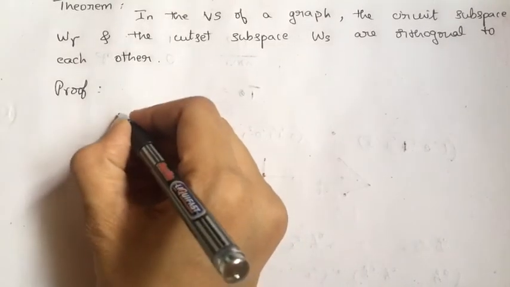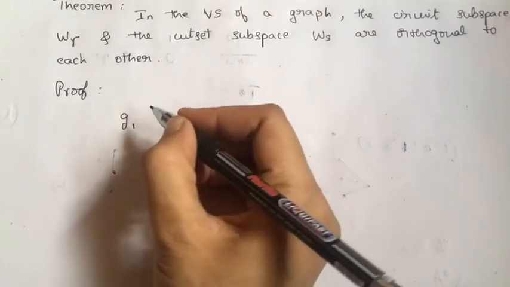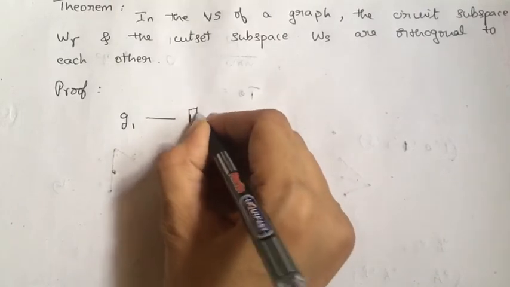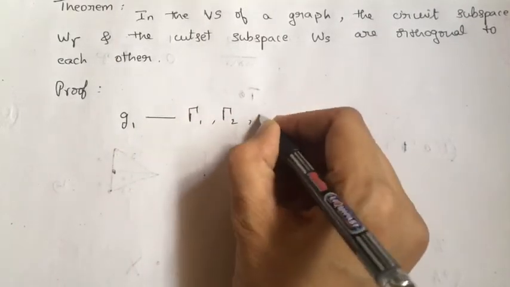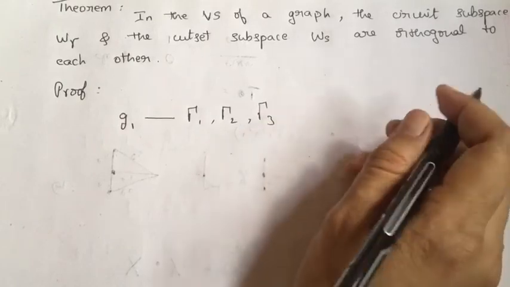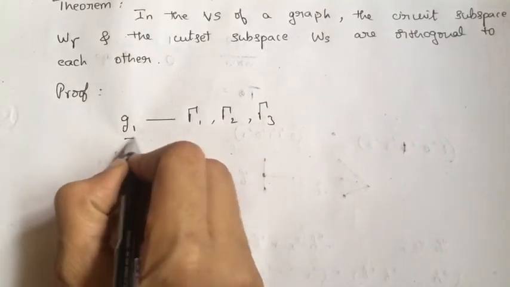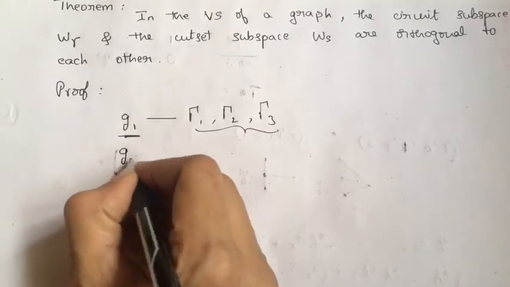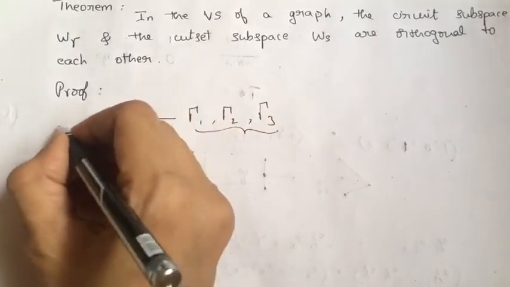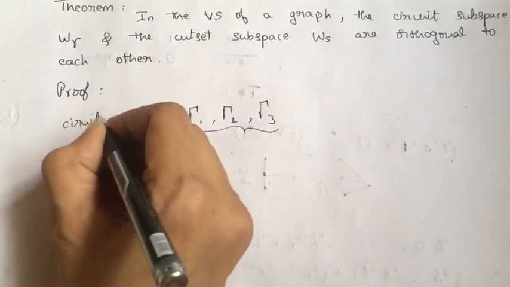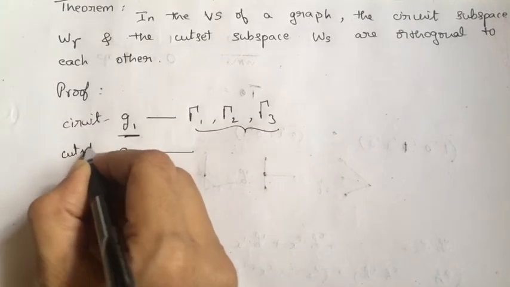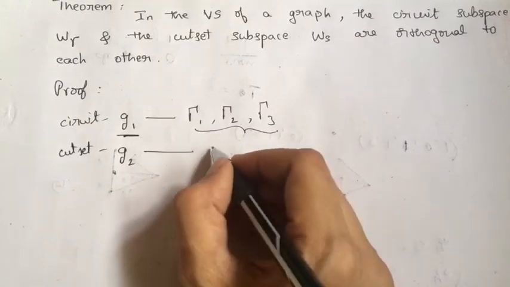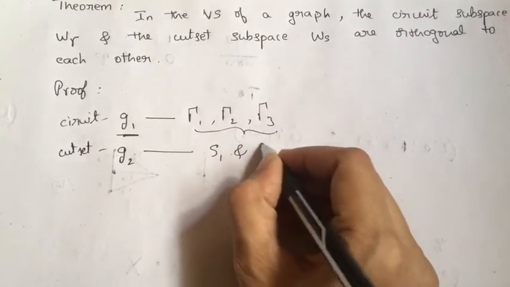Suppose I have G1, an edge disjoint union of circuits, say gamma 1, gamma 2 and gamma 3 of graph G. And G2 is an edge disjoint union of cut sets, say S1 and S2.